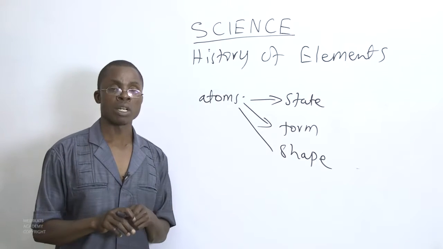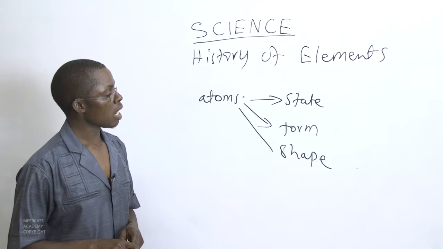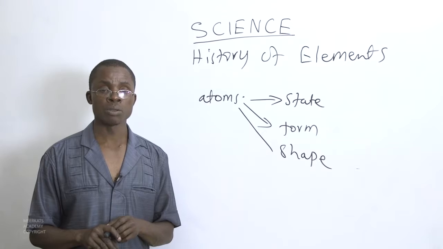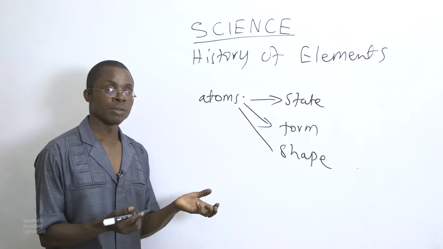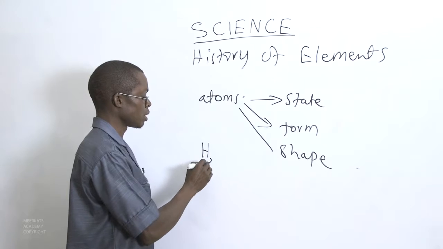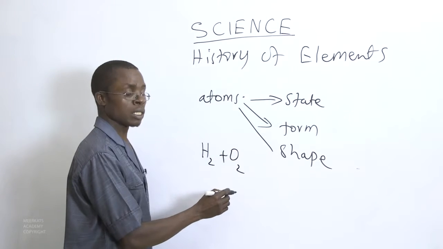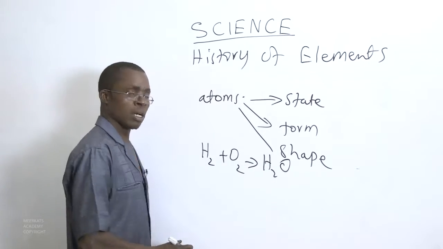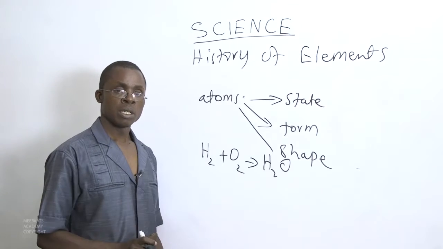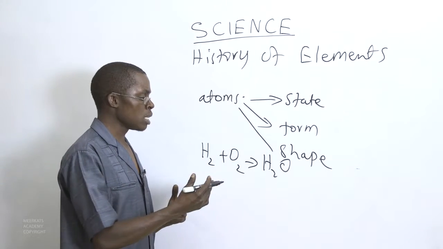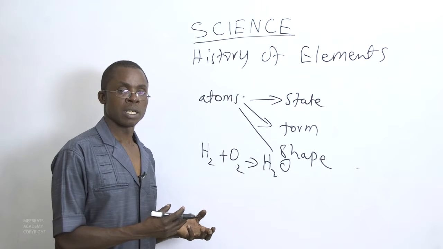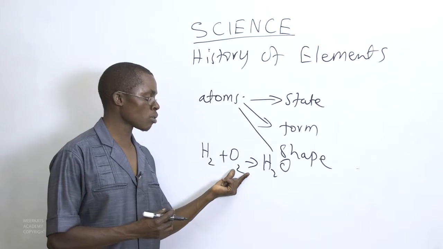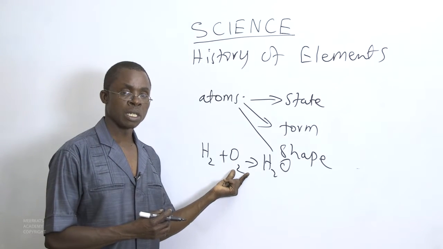They can only be transformed to form other things, which in a way, looking at our present science, is true. If you want to form water, you can burn hydrogen gas in oxygen gas and you will get water. Looking at this water and looking at the reagents, what you have only done is change the way you have connected the small particles of hydrogen and the small particles of oxygen.